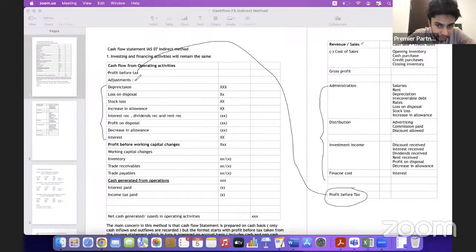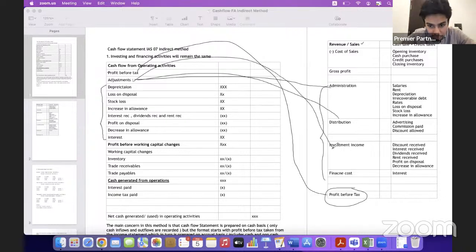If a transaction falls inside administration expense, distribution expense, investment income, and finance cost, and it does not involve cash, then such transactions only we are marking inside this area called adjustments.